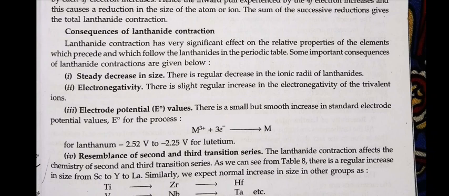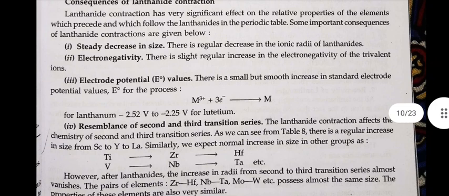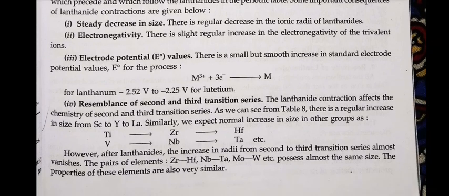Consequences of lanthanide contraction. Lanthanide contraction has a very significant effect on the relative properties of the elements which precede and which follow the lanthanides in the periodic table. Some important consequences of the lanthanide contraction are given below. First, steady decrease in size. This is a regular decrease in the ionic radii of the lanthanides.